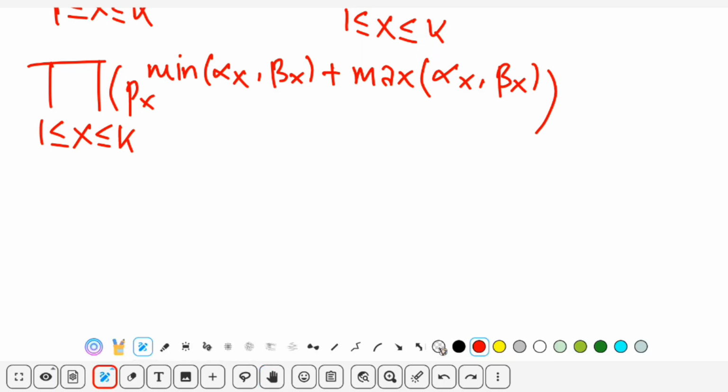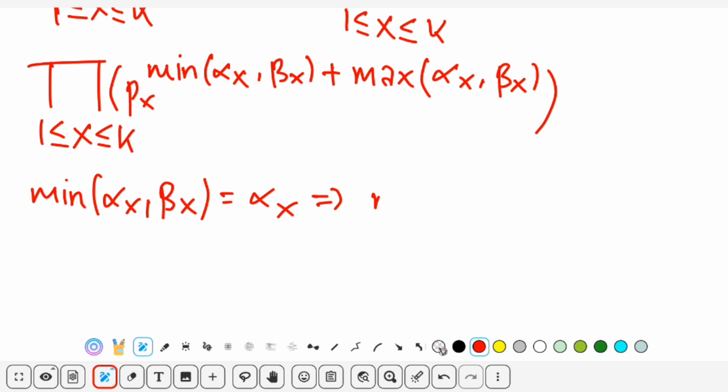Let's say the minimum value is alpha x, so the maximum value will be beta x. So the minimum of alpha x and beta x is alpha x, which implies the maximum of alpha x and beta x is beta x.